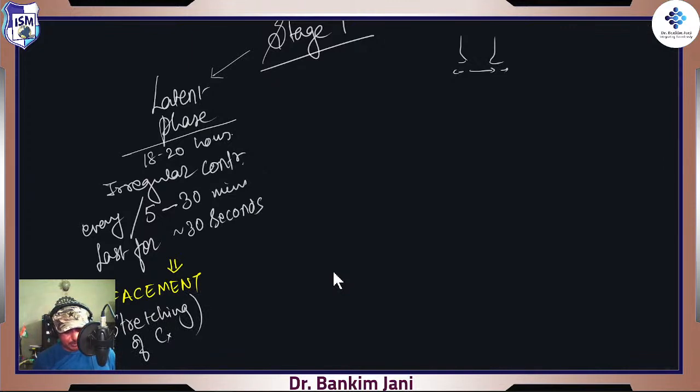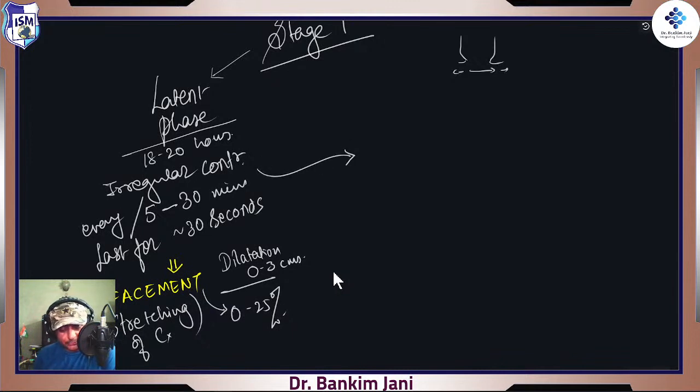It is effacement. So here the cervix is dilated and stretched, right? So this is about either no dilatation or just 0 to 3 centimeters, and this effacement is very partial, maybe 0% to about 25%. It is just that much. From here, from irregular contractions, that's the keyword, now they become regular.